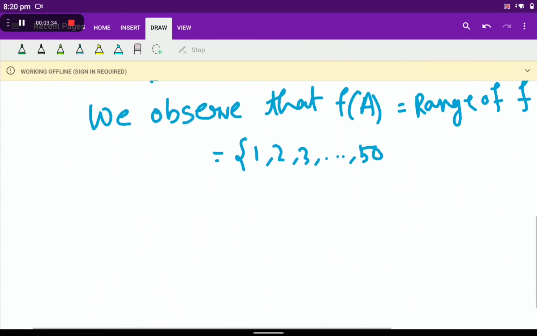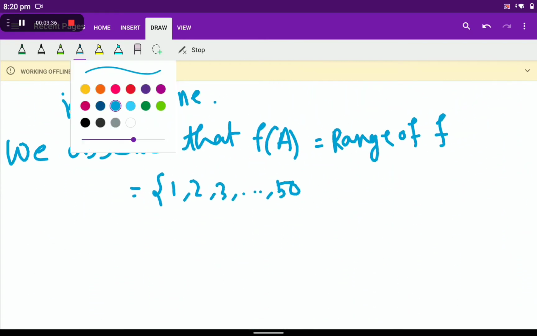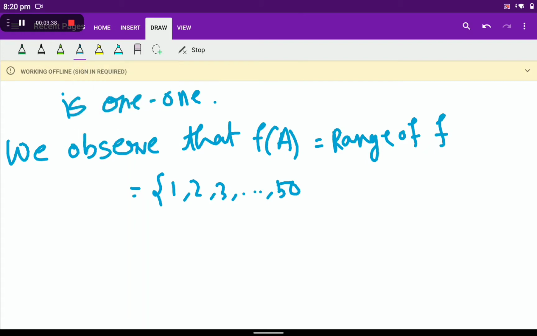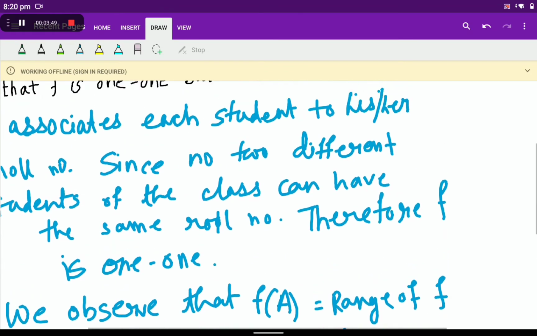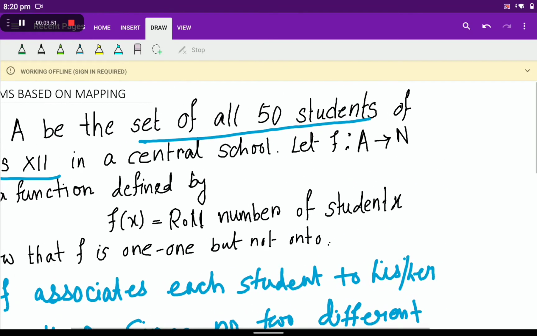Now we observe that f of A equals the range of f equals 1 to 50, which does not equal N, because the function is defined as f maps A to N.